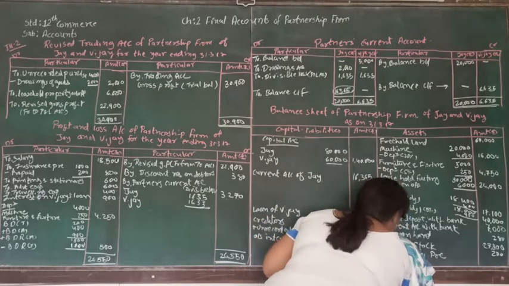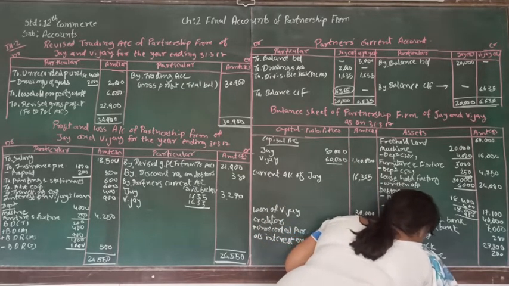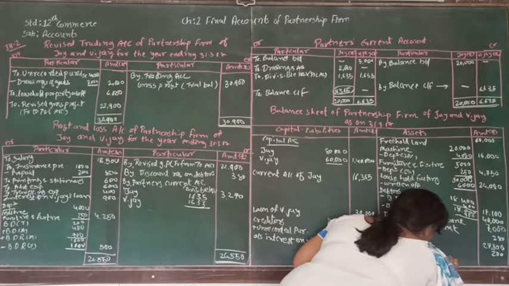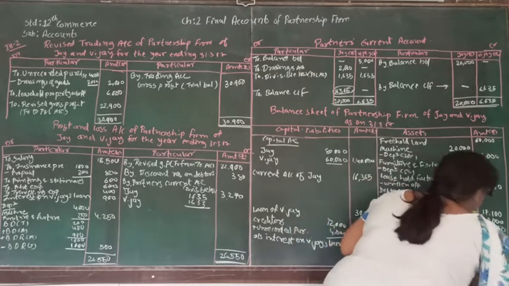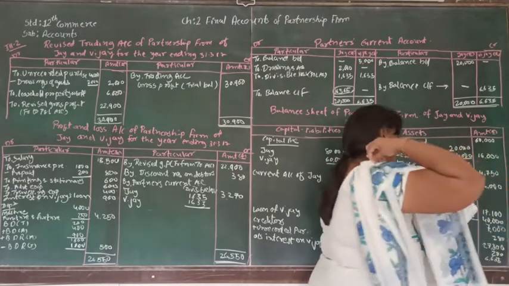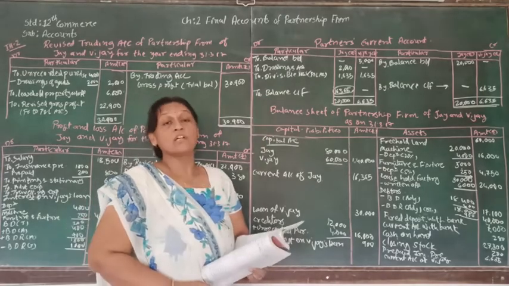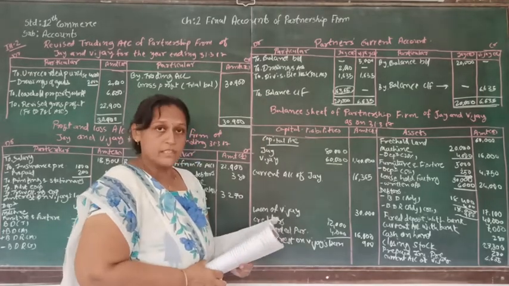So here, current account of Vijay, and that will be 6,635. Now if we make the total of both sides of the balance sheet, that will be the same.